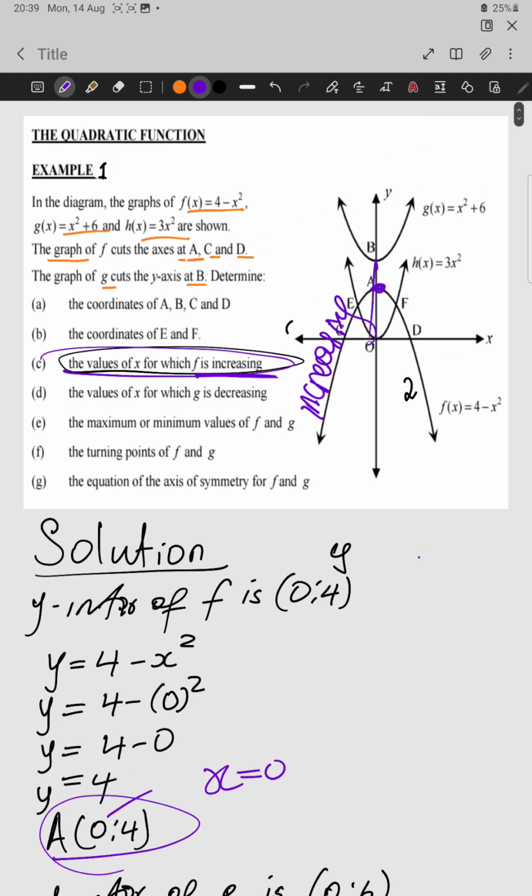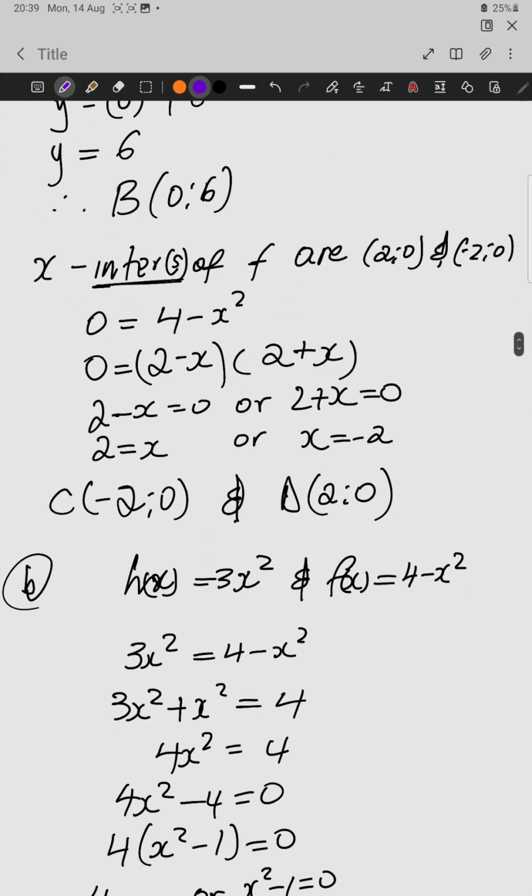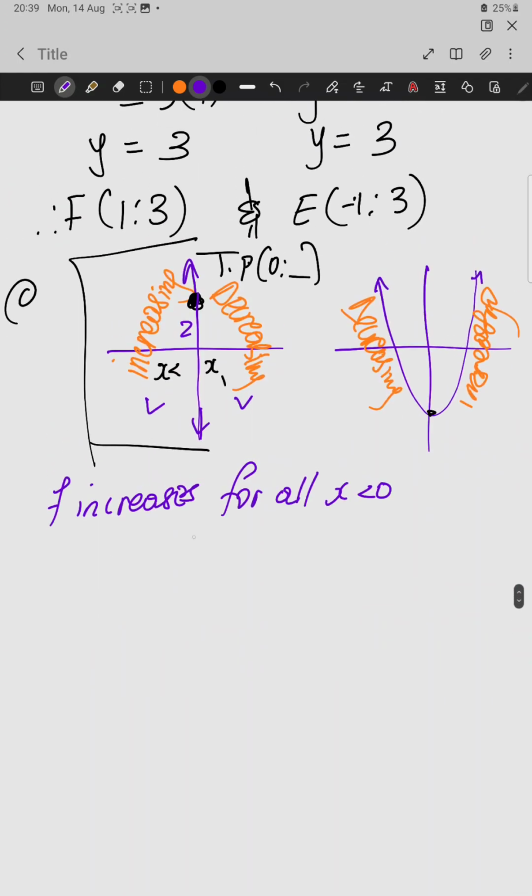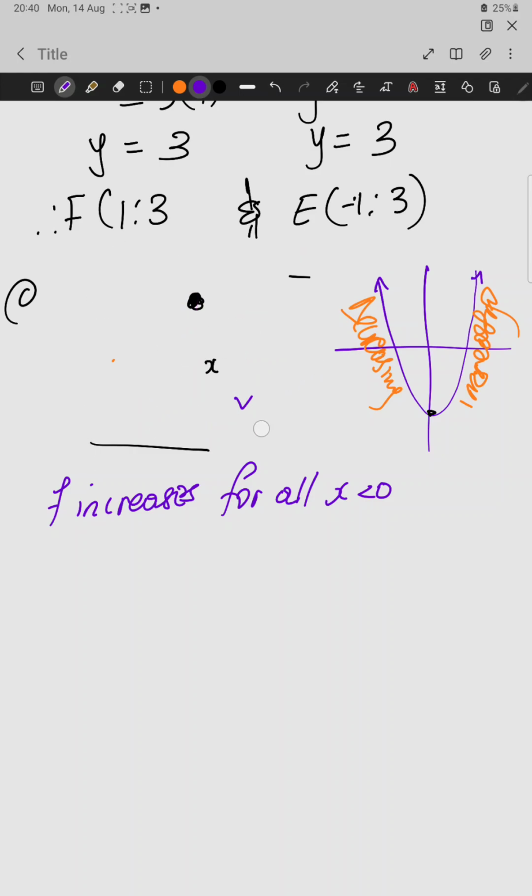So that means we are looking at this portion only, guys. That means x here is less than 0. That 0 is the x value of the turning point. All right. So I was just trying to show you this, guys.